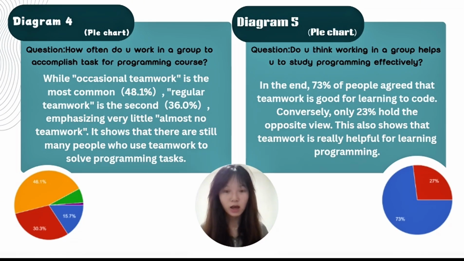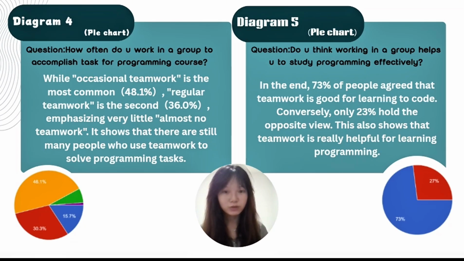My conclusion is that occasional teamwork is the most common, taking 48.1%, and regular teamwork is second, taking 36%, emphasizing very little, almost no teamwork. It shows that there are still many people who use teamwork to solve programming tasks.